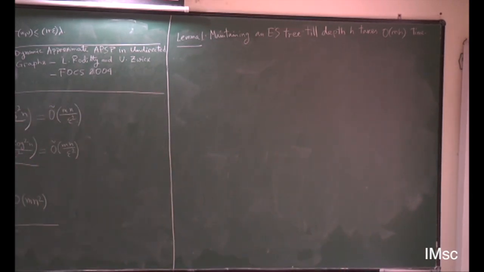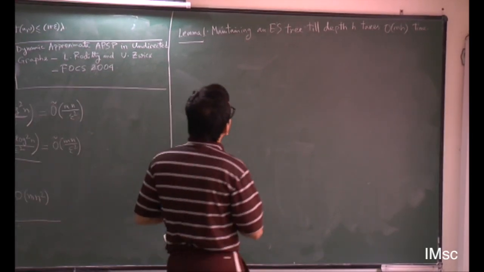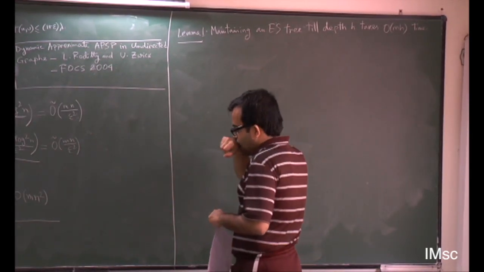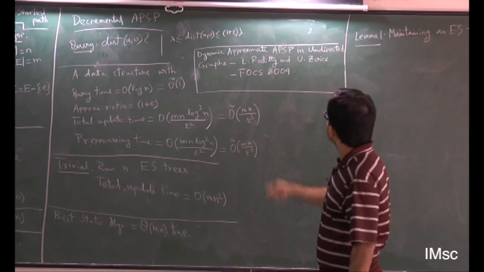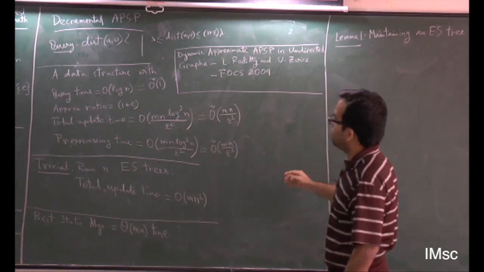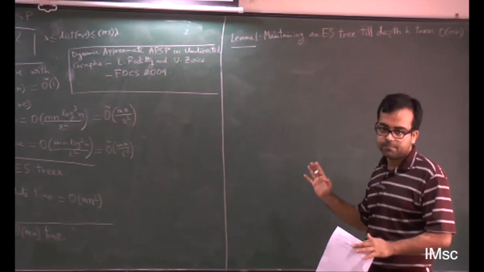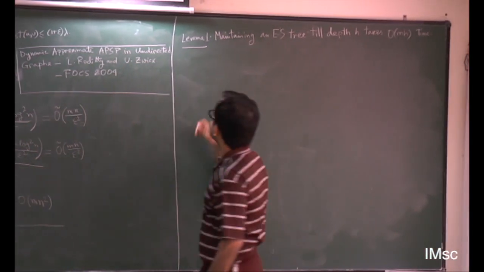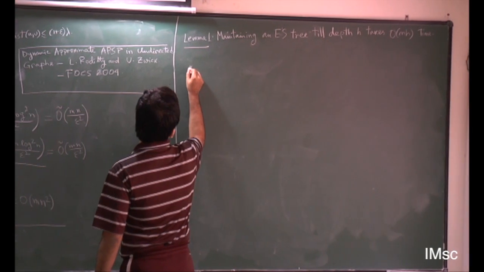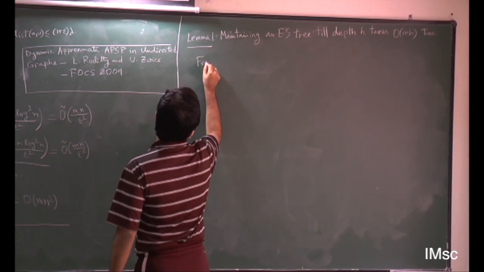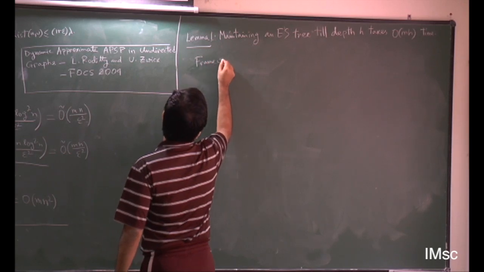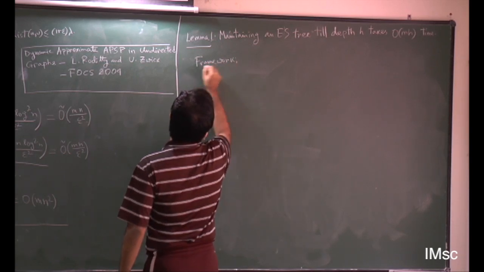Okay. So, now what we will do is as follows. We will maintain multiple eventual trees. So, this is the basic framework for the algorithm. Let me take a step back, just 1 second.